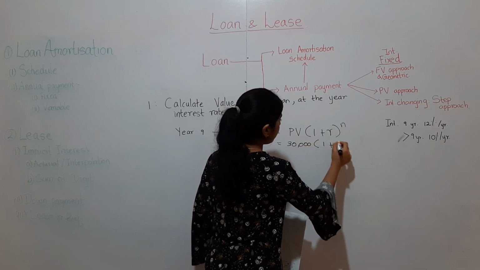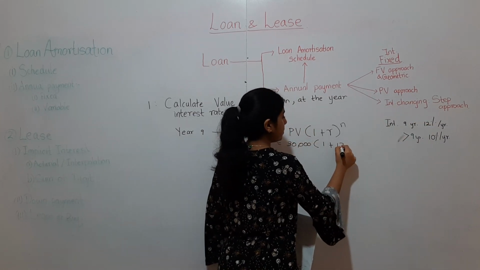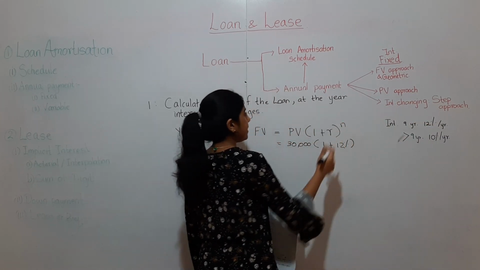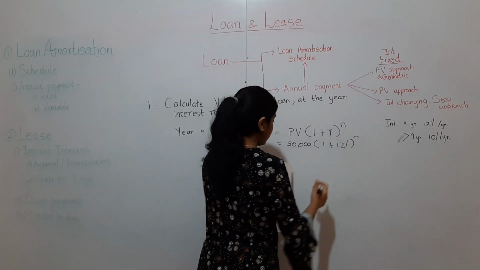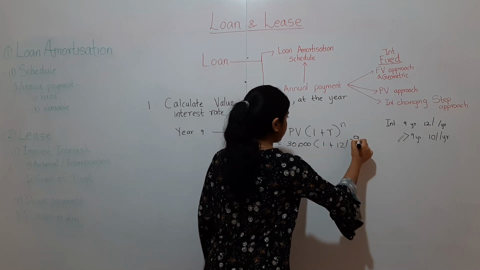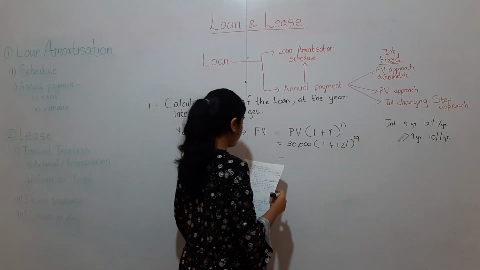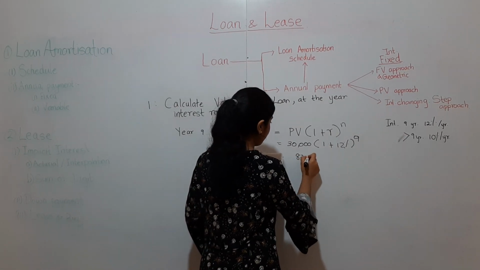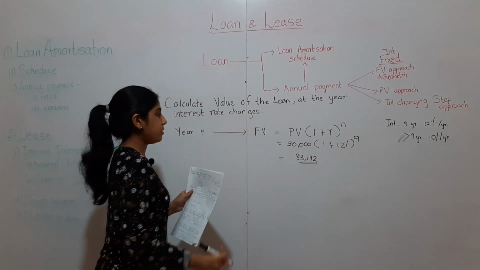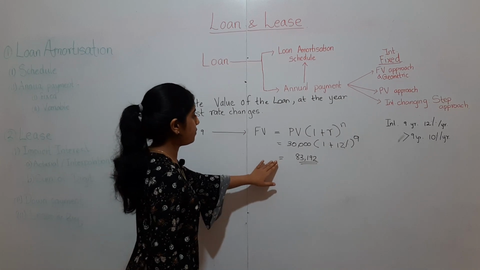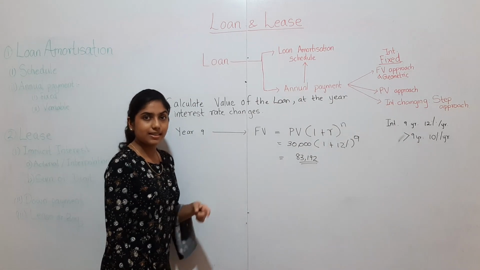Multiply by 1 plus the rate for 9 years, which is 12%, to the power 9 years. Then your answer will be 83,192. So this is the value of the loan at the end of the year in which the interest rate changes.